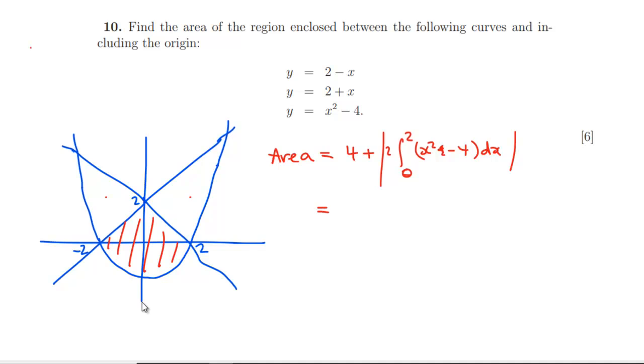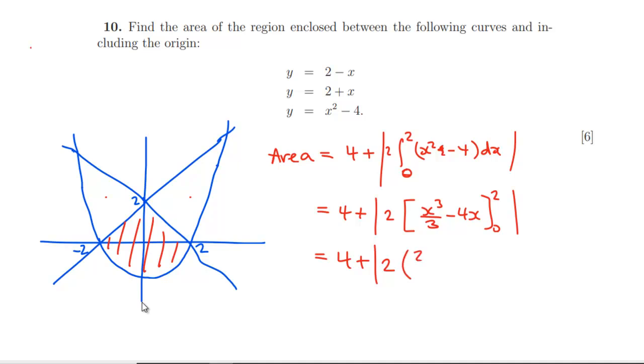Right, so what is that integral then? So that's going to be 4 plus the magnitude of 2 lots of x cubed over 3 minus 4x from 0 to 2, which is 4 plus 2 lots of 8 over 3 minus 8.